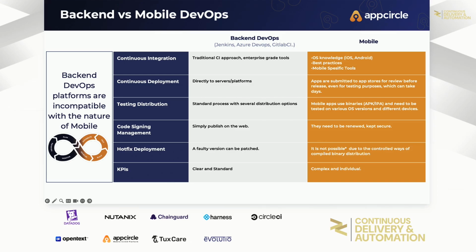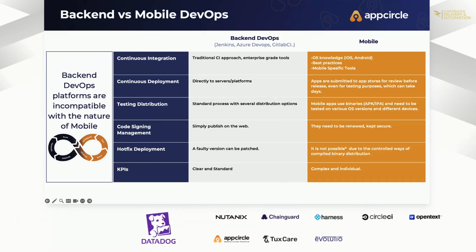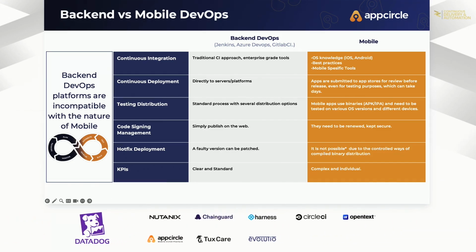But when it comes to mobile, you have to get the specific operating system knowledge, which means you have to understand what Apple says in their latest announcements. You have to be aware of the latest updates, because otherwise you cannot deliver your application to the store. It's impossible. And also you have to know the best practices, which is important. And mobile-specific tools are already mentioned, because without them, you cannot even make distribution, regardless of the publishing process.